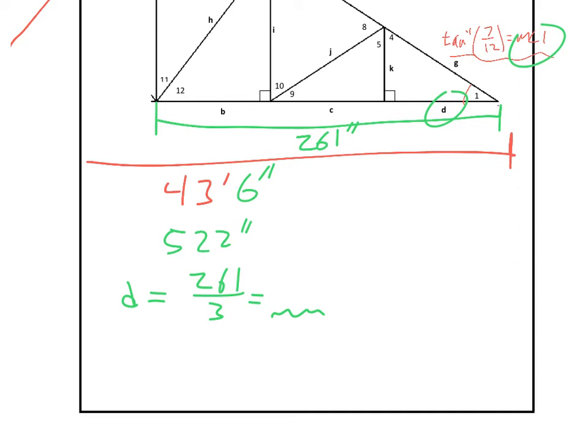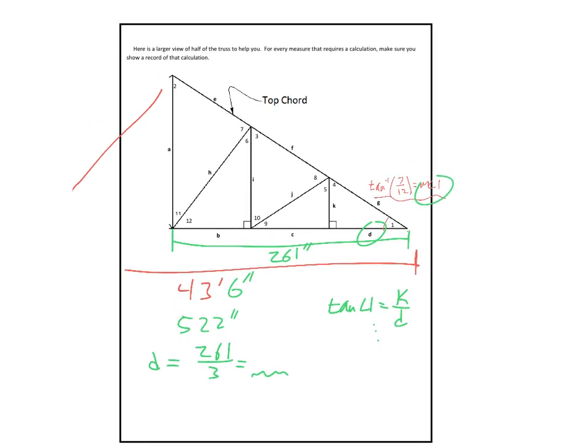So the tangent of angle 1 is K over D. You're about to find out what D is, so plug that in and work it out. Show your steps, keep it organized. When you get an answer there, I would recommend labeling it in your drawing, and keep going from there.